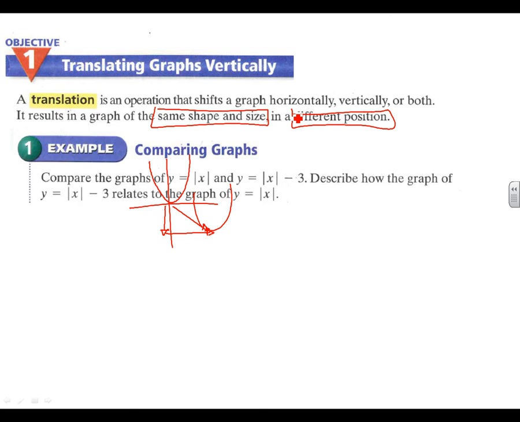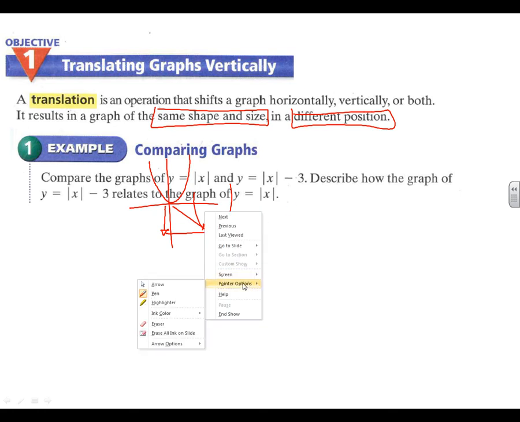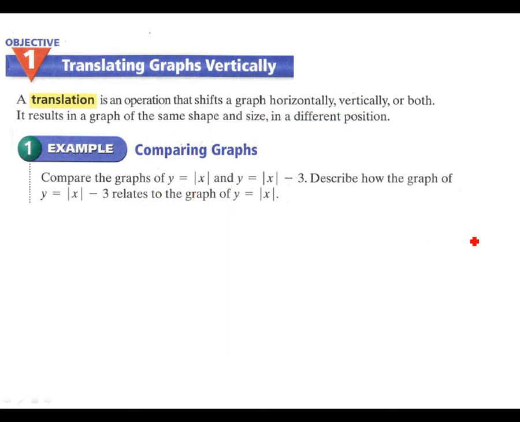So let's take a look at our first example of a translation. Compare the graphs of y equals the absolute value of x and y equals the absolute value of x minus 3. All right, let's do this by doing a t-table here. I'm going to make a t-table, and here's my t-table for y equals the absolute value of x. All right? So I'm going to do some positive and negative numbers.